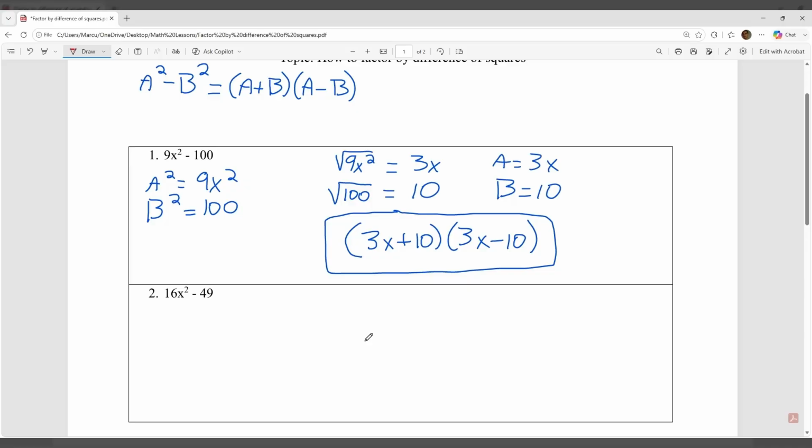Welcome back, everyone. Now we're going to go over question 2. You want to take the square root of 16x squared, and that's going to give us 4x. The square root of 49 is 7.